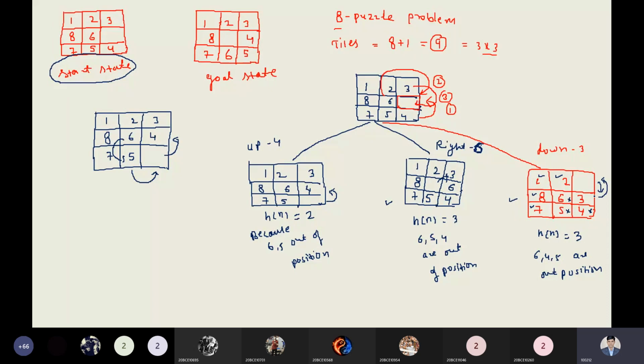So from this point, our heuristic function should be 4, but we have to take 1, because the reason is clear. If I'm shifting the 3, my order will be disturbed unnecessarily. So why change it? I'm just disturbing this 3 tile. So I need to keep it as it is.